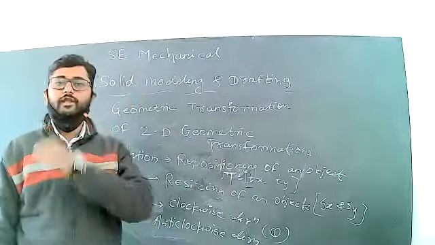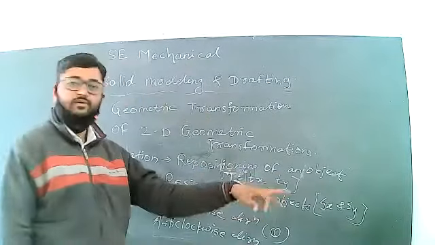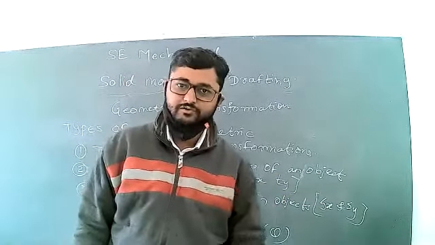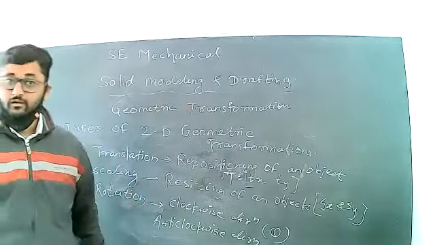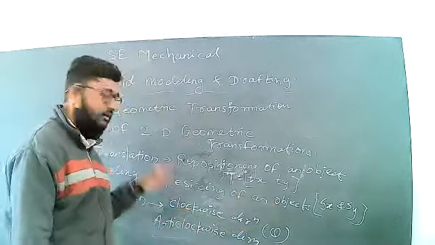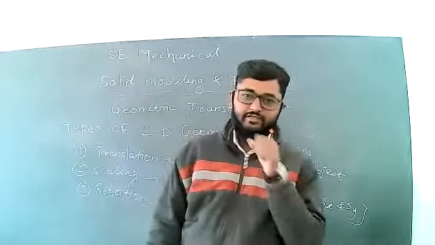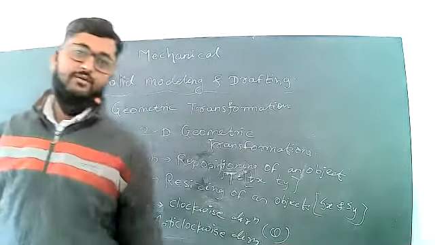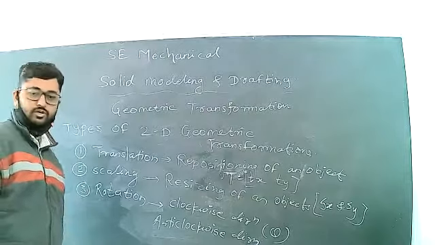Scaling is resizing of an object. So here Sx and Sy are the scaling parameters used. And third is rotation. Rotation means object moves some angle, either in clockwise direction or anti-clockwise direction. So these are the three different types of two-dimensional geometric transformations.